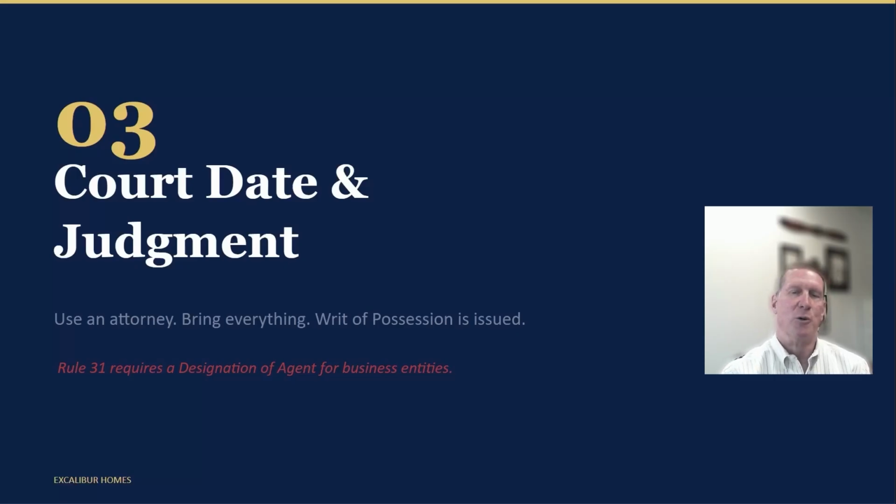And so under the law of Georgia, if you're going to magistrate court and your entity 123 Main Street LLC owns 123 Main Street, and you're trying to evict the tenant from that property, there is a Rule 31 document that you would get filled out in advance to notify the court that you, Jane Doe, are representing 123 Main Street LLC so that you can represent yourself rather than having an attorney represent your LLC. And if you don't do that, then you're going to get a lecture from the court, and you'll probably have to start your eviction process all over again.